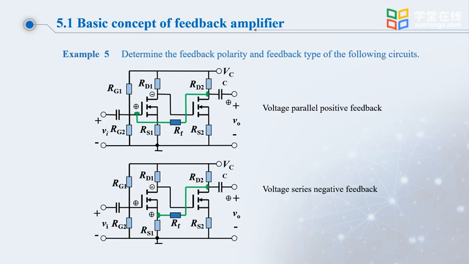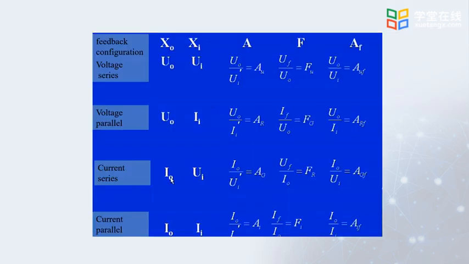Okay, this is example 5. We learned some basic concepts of feedback amplifier circuits: closed loop gain, open loop gain, feedback depth. So you know the type of feedback depending on how the output port and input port are connected: voltage feedback, current feedback, and series and parallel feedback.